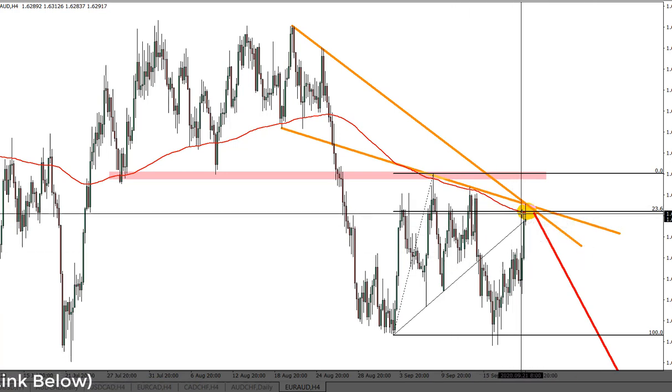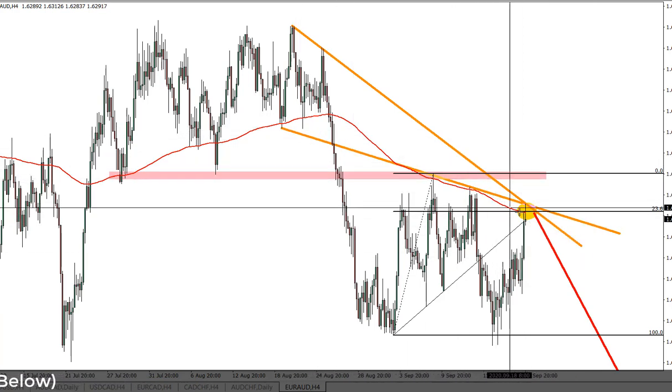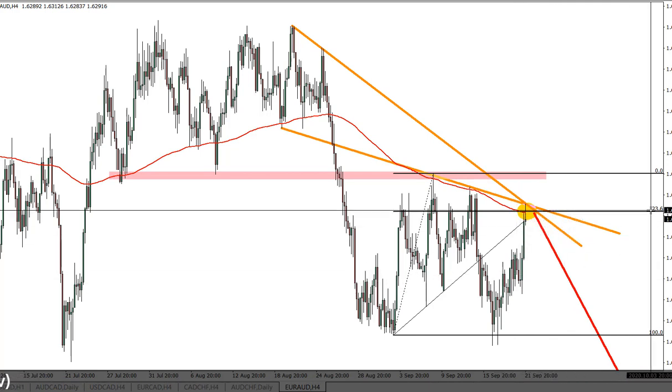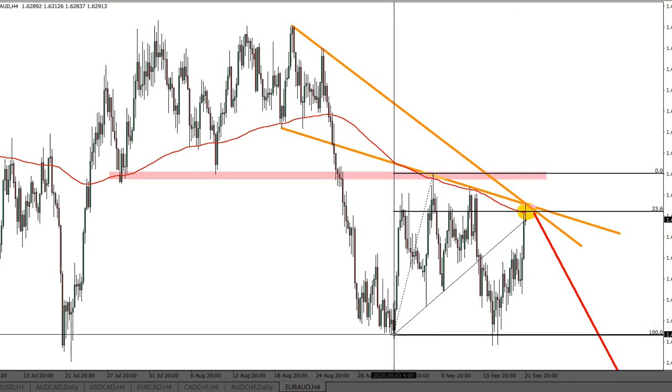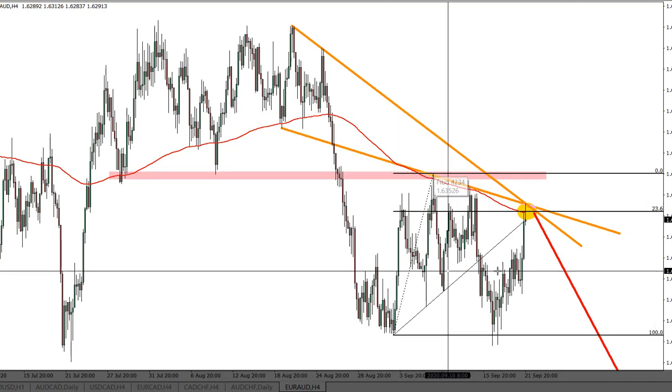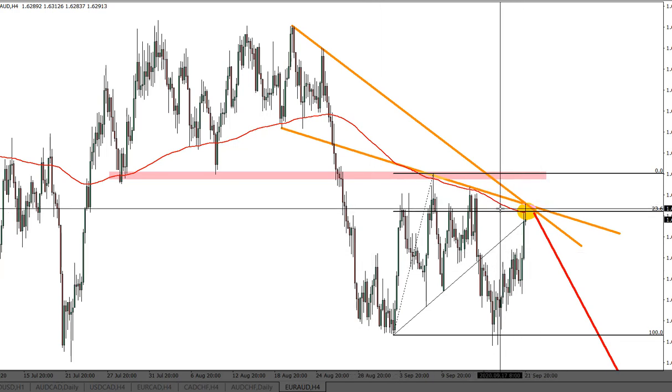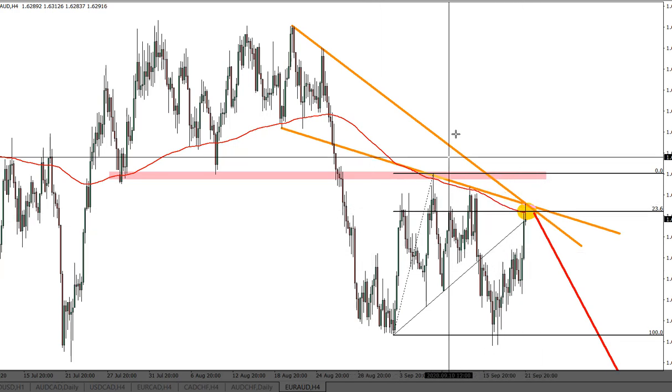Along with it, we had the rejection of the 200 exponential moving average, and the rejection of the 23.6 Fibonacci retracement level applied to this correction. So all in all, we have an extreme amount of rejections, to say the least.